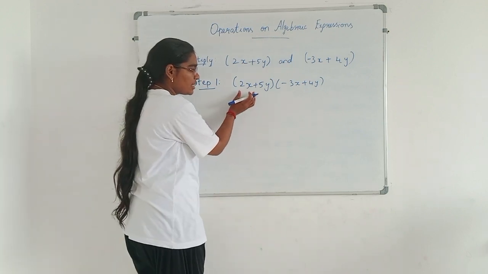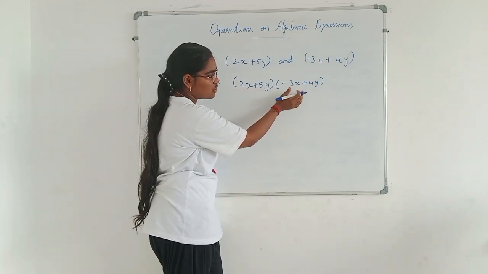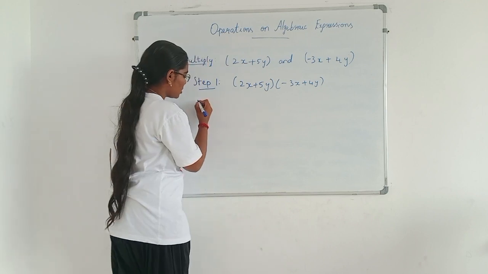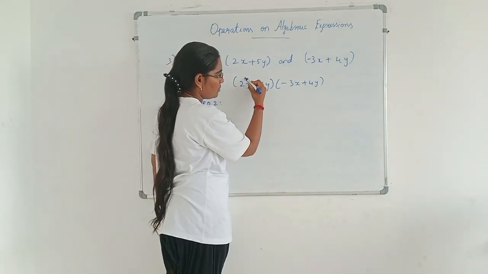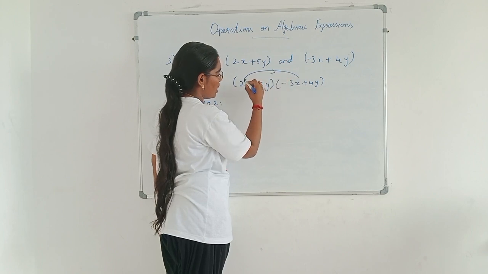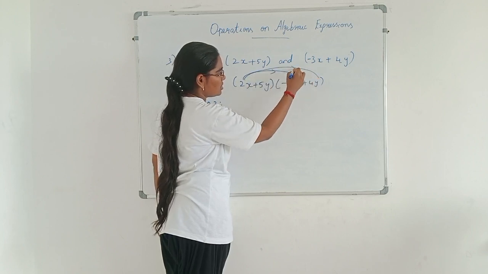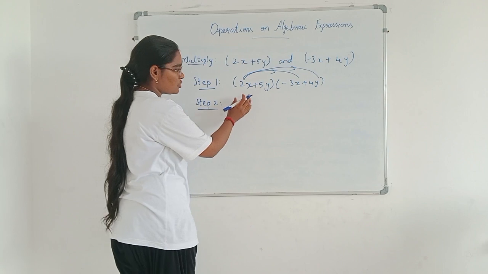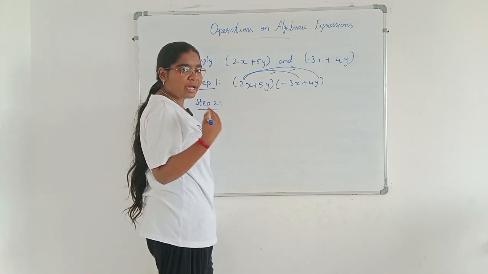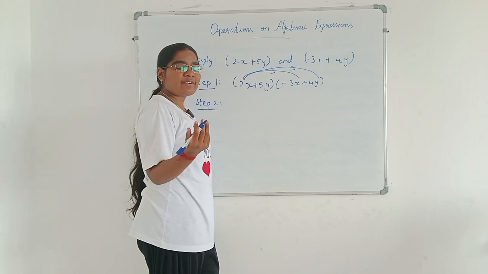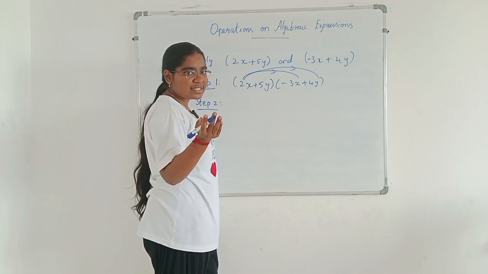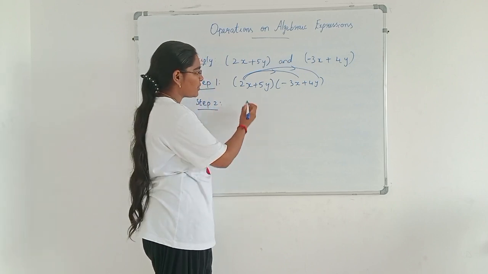So 2x plus 5y in bracket, here minus 3x plus 4y in bracket. Okay. Next, multiply this term with each of these terms. Step 2. This term with this term and this term with this term. Okay. So while multiplying, consider those 3 rules to be followed. So in first step what you will do, you will first consider those signs.